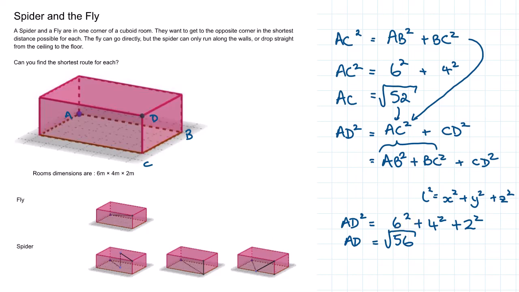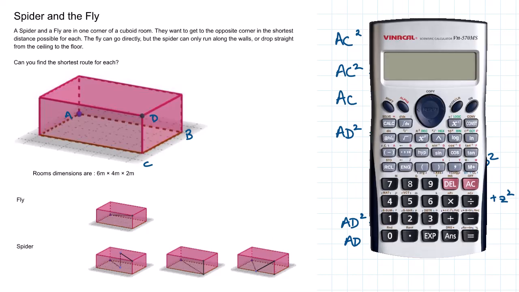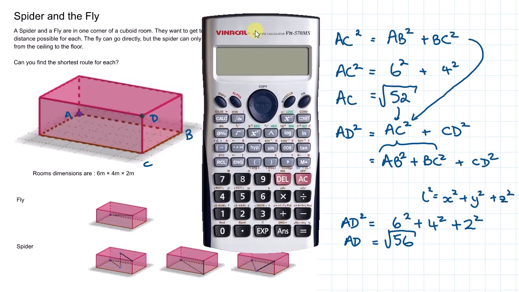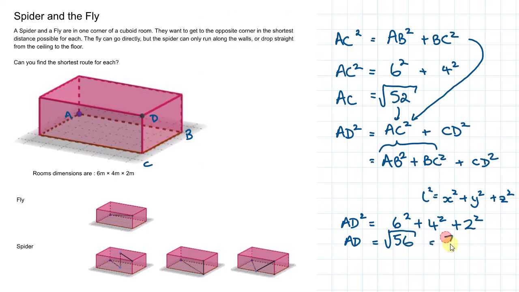If I pull in my calculator, we've got square root, let's do the 6 squared, plus 4 squared, plus 2 squared. Square root of that answer, and I've got 7.48 meters.